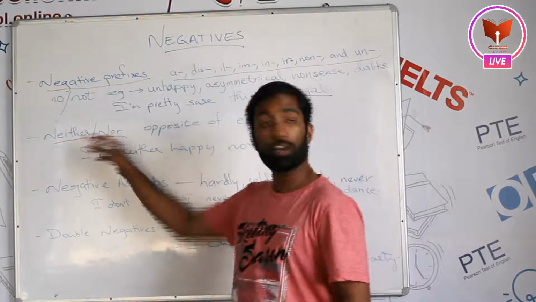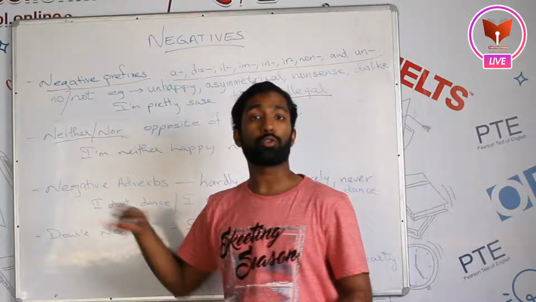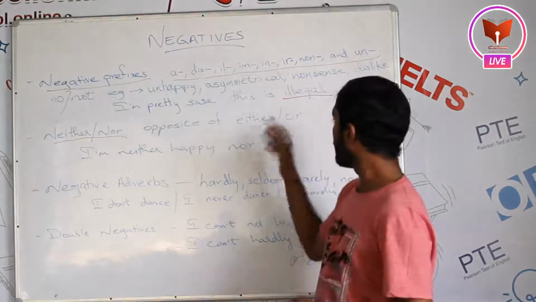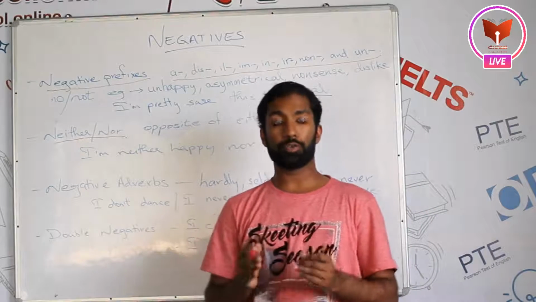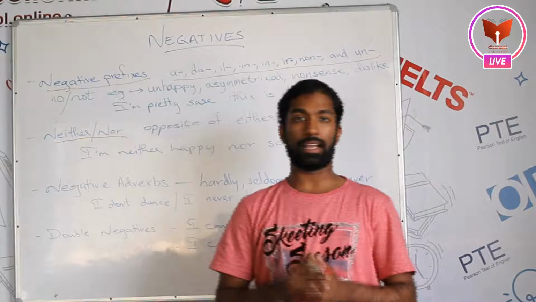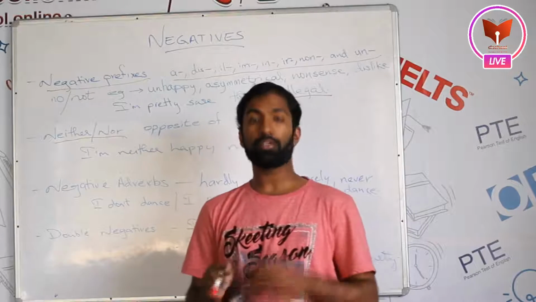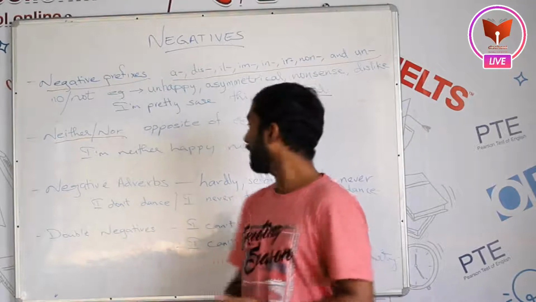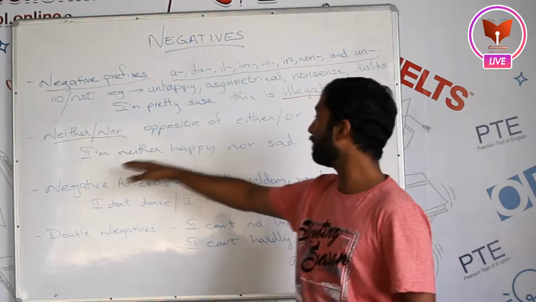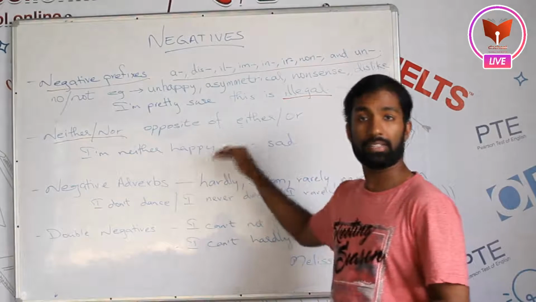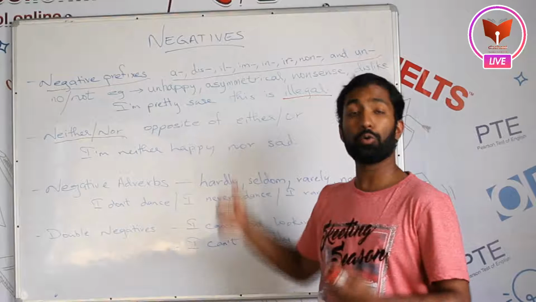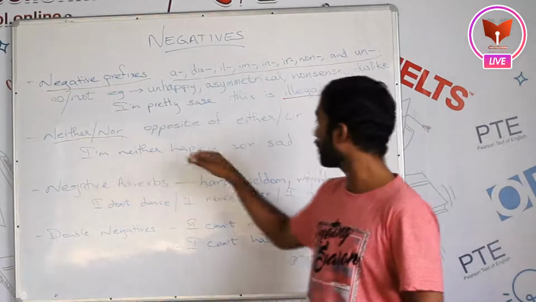Neither and nor are the opposite of either and or, and they are generally used together in a sentence to negate two things. Not one, but two things. As you can see from this example, I am neither happy nor sad. We are using two negatives in this sentence to negate two things, happy and sad.